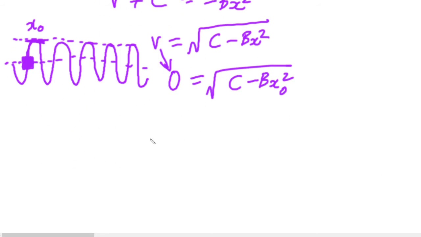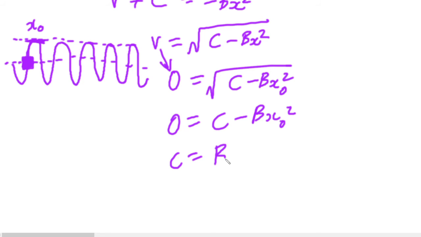And let's move on and find that squaring both sides, we get 0 is equal to c minus bx0 squared, or that c is equal to bx0 squared. Adding bx0 squared to both sides and swapping the equation's direction around. So this constant of integration c is equal to bx0 squared.